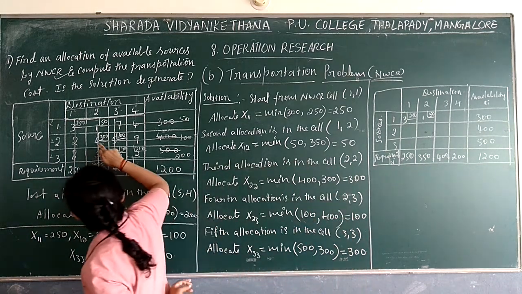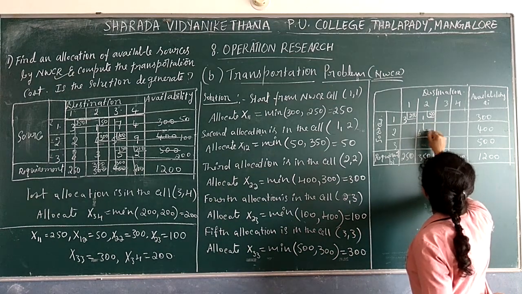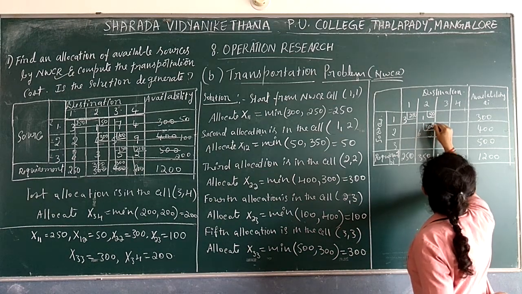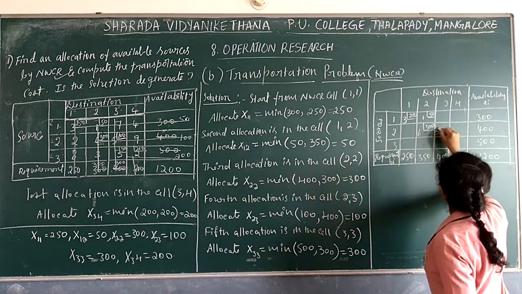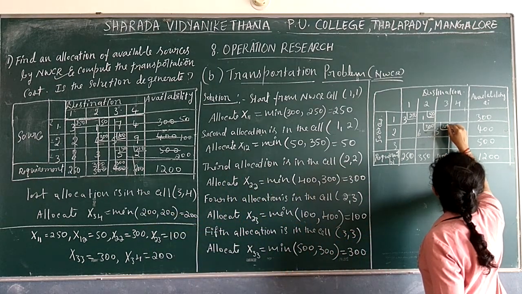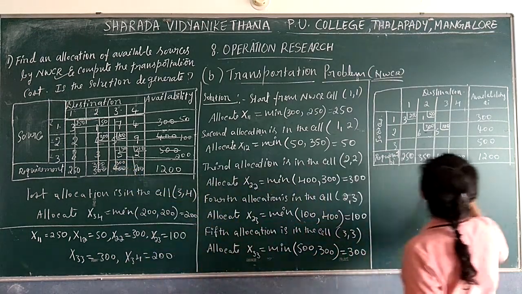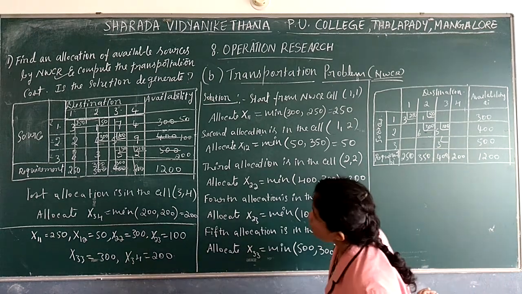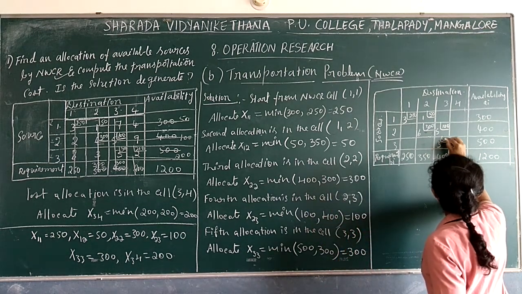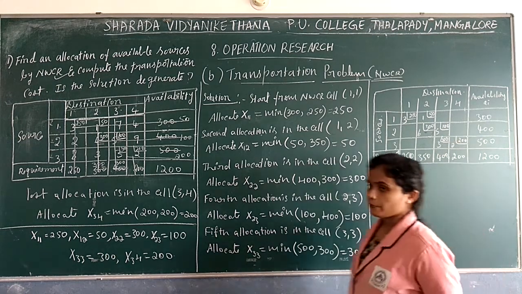What is the cost number? I guess 6. Here it is 6, we allocated 300 there. Then here we allocated 100. Then in this cell we allocated 300. Then here we allocated 200.